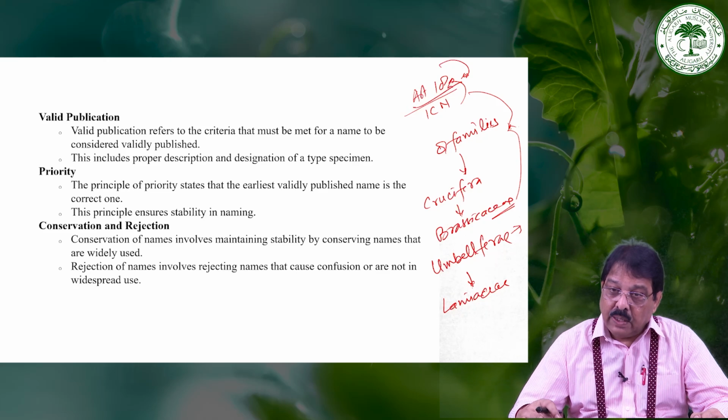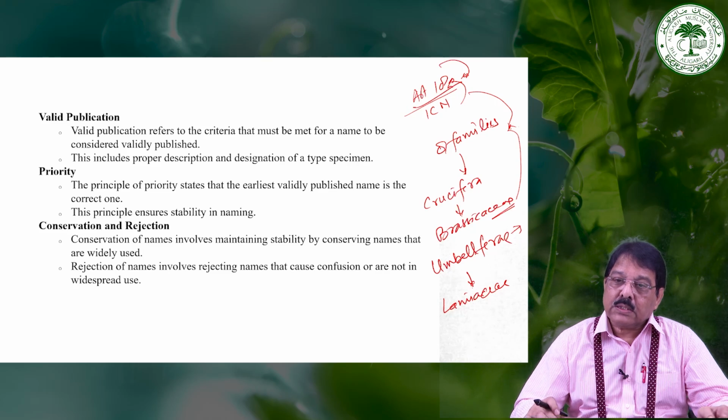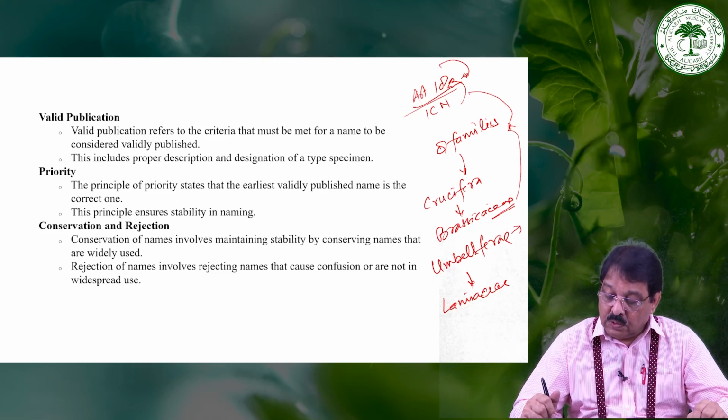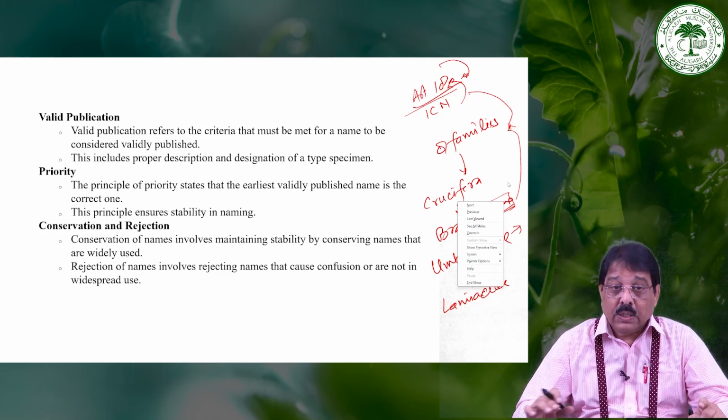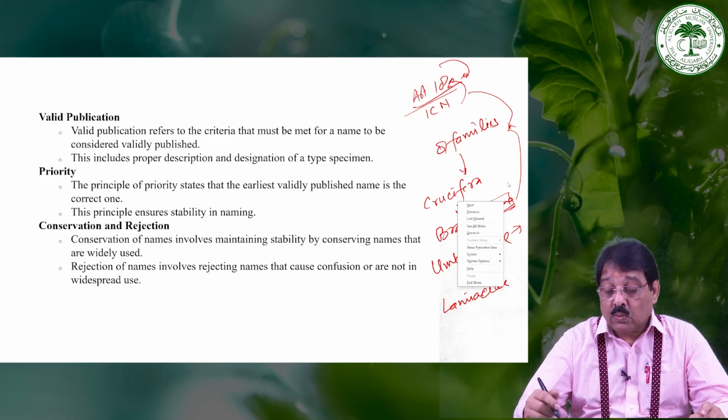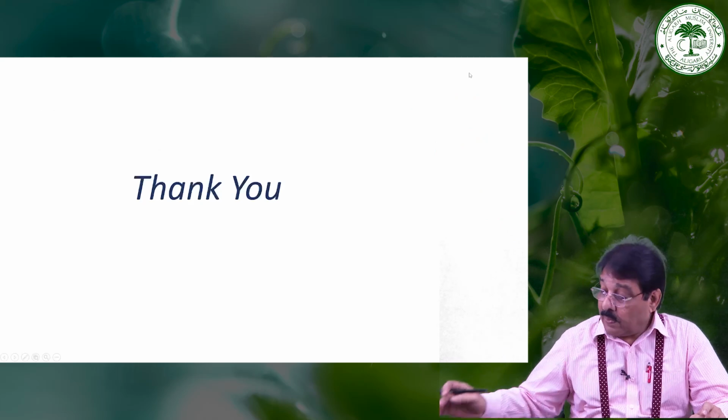These are invalid publications, though it is invalid because it goes against one rule of the code. The rule is that the name must end with -aceae. That's why it is invalid, because it goes against one rule of the code, and it is conserved in the code with Article 18 of the code.